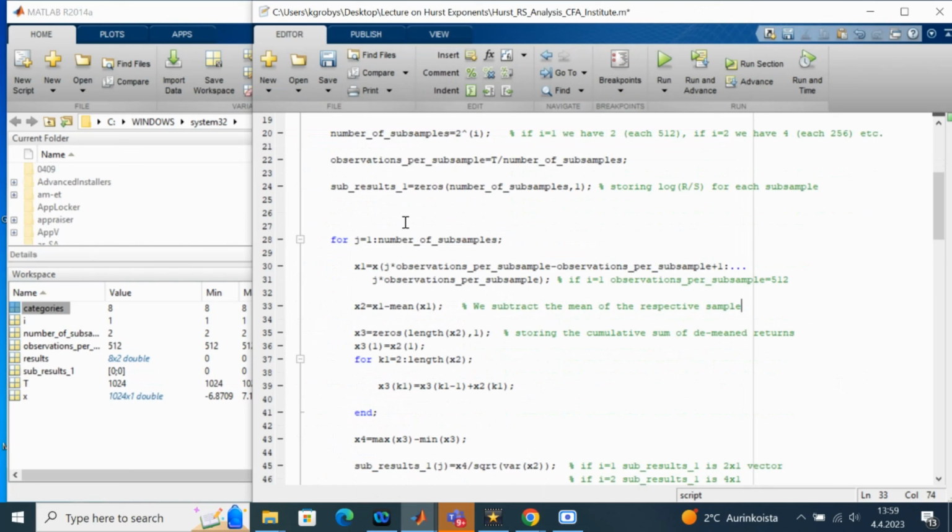Then we have to do something for each of these subclusters. We know each cluster has 512 observations in the first iteration, so j goes from 1 to 2. We define the vector x1.